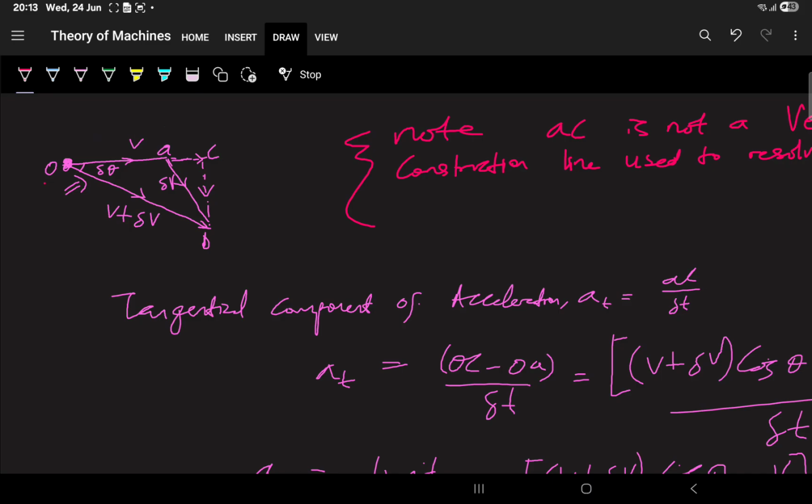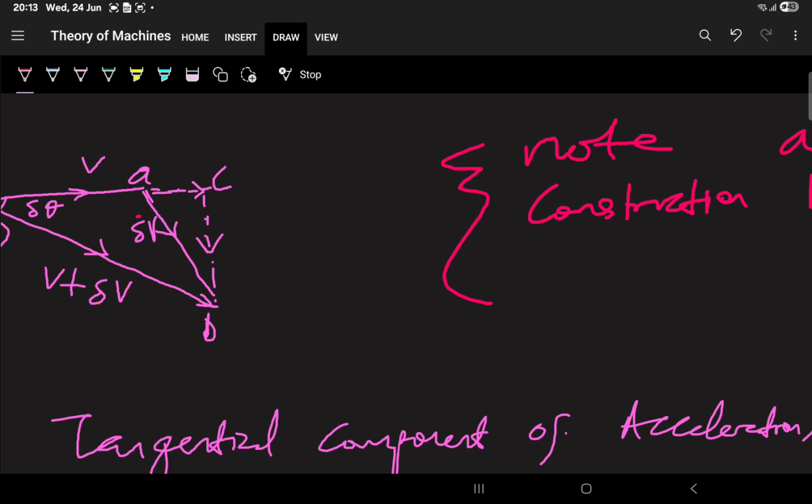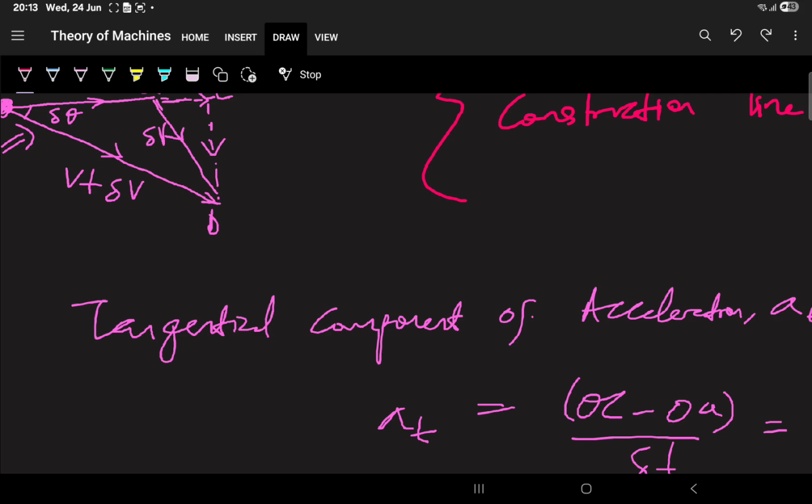Again, acceleration, we're dealing with change in velocity, but our change in velocity is way over here, and we need it to be part of this velocity vector here. That's the use of the extension EC.